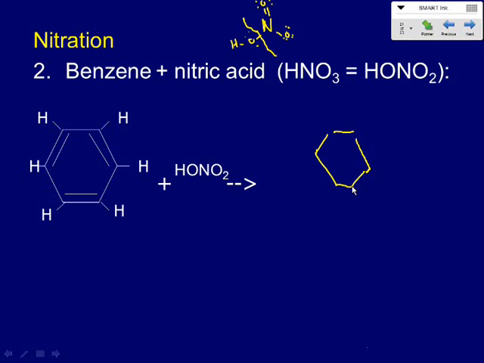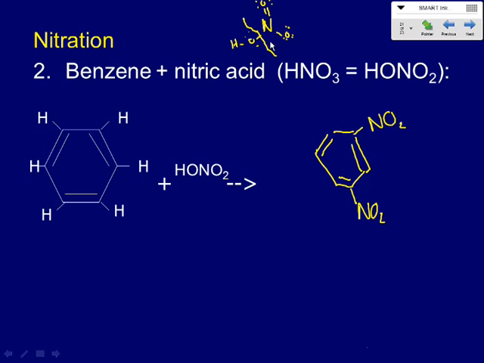What am I doing with my benzene ring? That's a horrendous benzene, but anyway, you get the idea. Put a double bond there, put a double bond there, put a double bond there. And you end up with an N, it's a sad benzene. You end up with an NO2 over there, and you also end up with an NO2 over there.